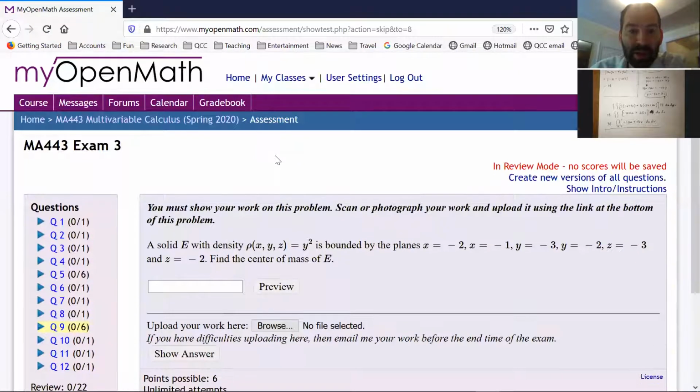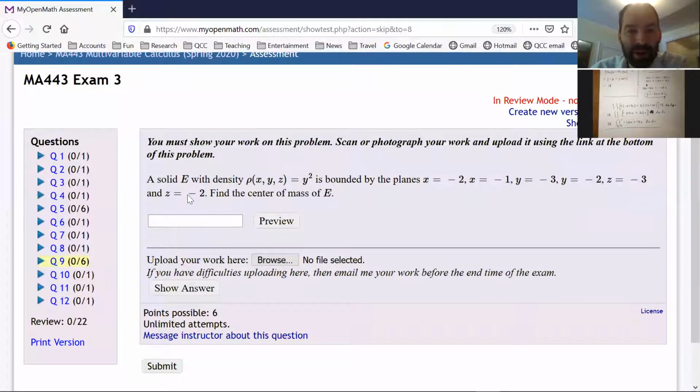This one, I want to talk about. There was a little problem with the coding here, and so it wasn't accepting all the correct answers. Sorry about that, and I really appreciate you guys being the guinea pigs as we put this stuff together for the very first time. I've never done testing online before, so you guys are the guinea pigs for testing all these things out.